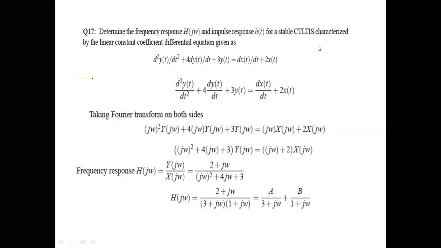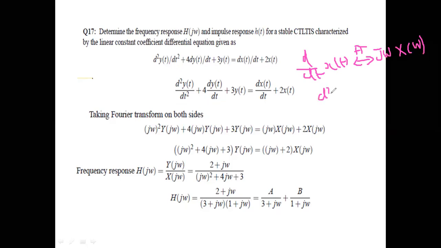We know the time differentiation property. Time differentiation property says that d by dt of x of t, what is the Fourier transformation? J omega into X of omega.